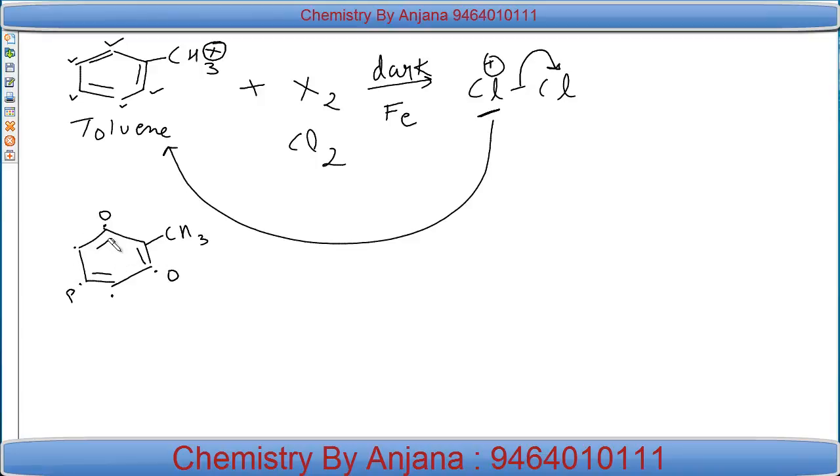इन 3 positions पर लगे हुए हाइड्रोजन are now prone to attack via this electrophile जो इस combination of catalyst से बना. So now this toluene having 2 ortho and 1 para position available, Cl2 with iron goes and perform this reaction. 2 possibilities.